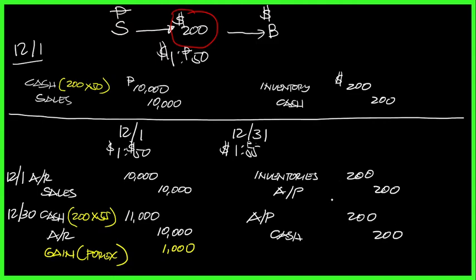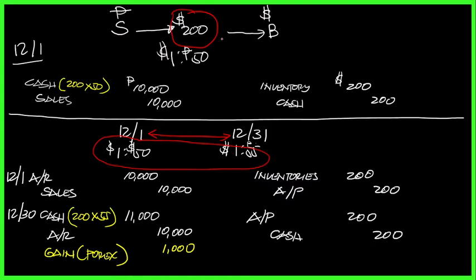This time, the buyer is not affected by the fluctuation in the exchange rates within this measurement date. The measurement date is actually from the date of the purchase up to the date of payment. Any changes that will happen between the date of transaction and the date of payment will be recognized as a gain or loss.